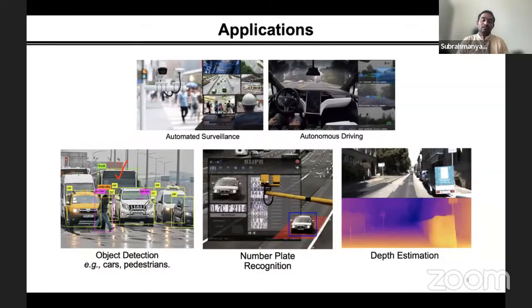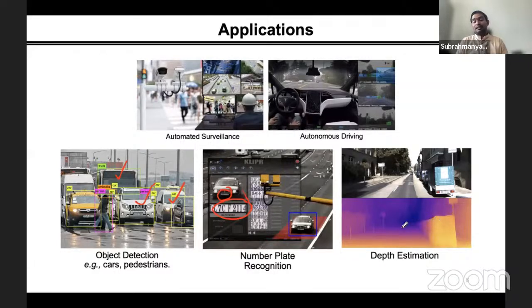But if you go with pre-processed data, the accuracy will definitely increase. Another one is automatic number plate detection, which is also affected by weather degradations.